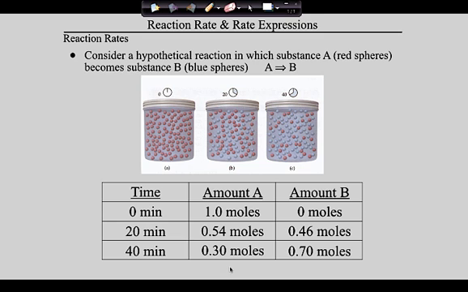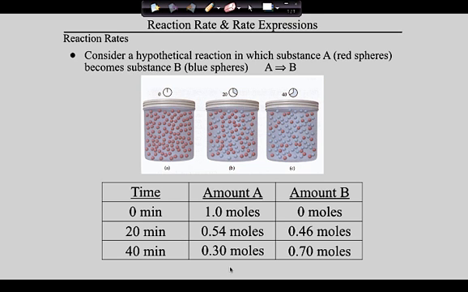So over time, what's happening to A? It's turning into B. But over time, what is happening to the rate? There's our important term. What is happening to the rate at which A is turning into B? It's slowing down. You may want to write this in your notes, because this is a universal truth.